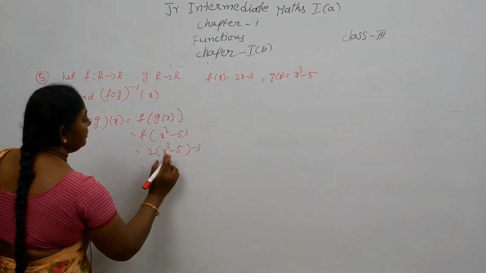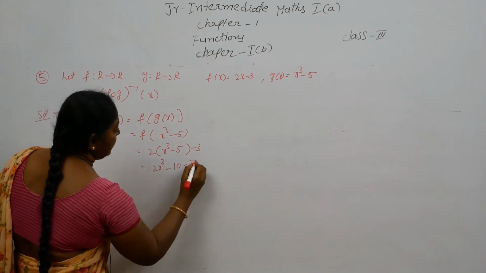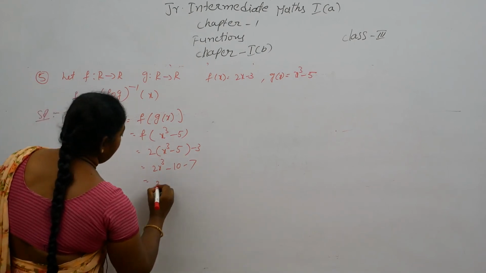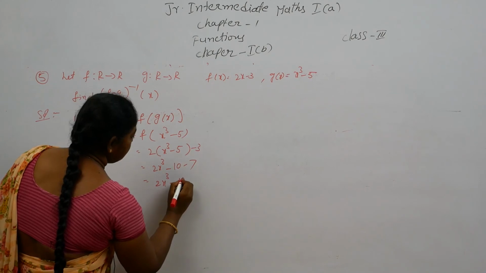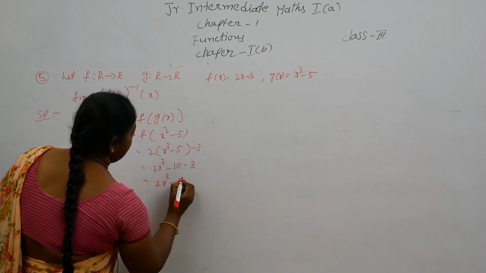So 2x cube minus 10 minus 3, which is 2x cube minus 13.